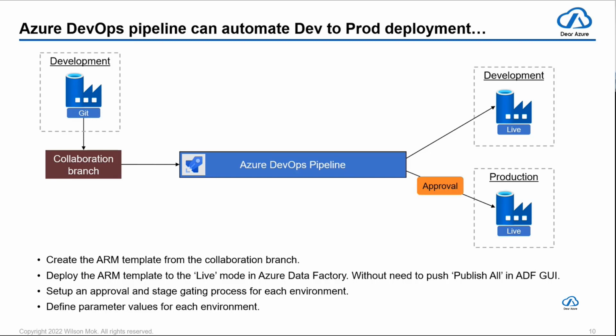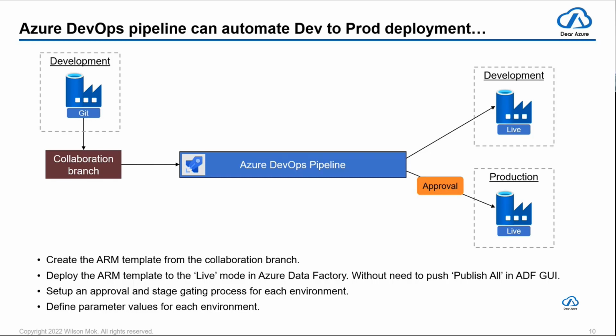And finally, we can also set up an approval process or a stage gating process for each environment. As you can see on the screen, we want to set up an approval process for our production environment, as we don't want changes to be pushed out to production without doing all the checking and all the validation and testing.